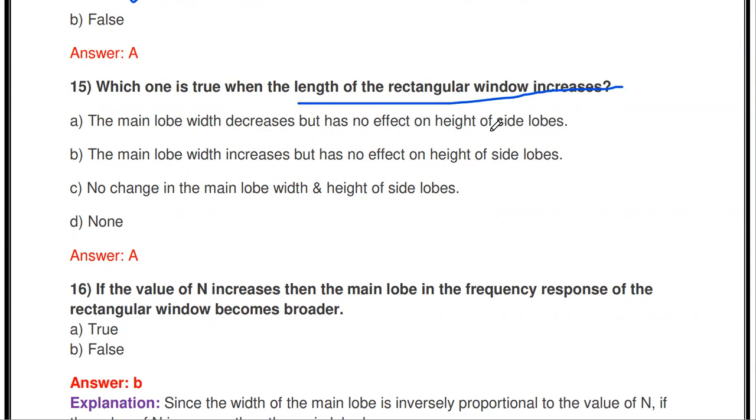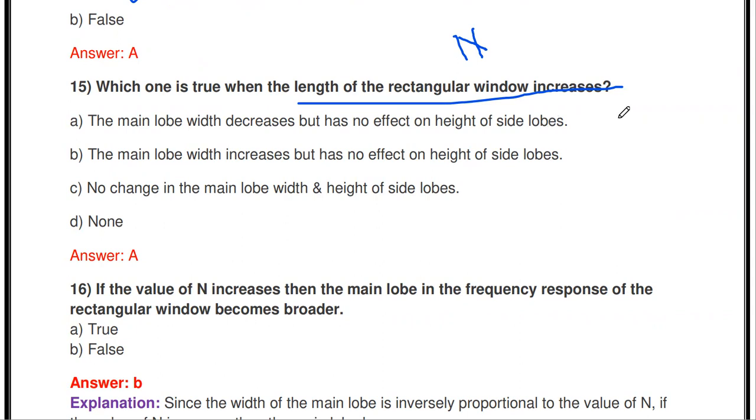If you are increasing the capital N value, which one is true? The main lobe width decreases but has no effect on the height of the side lobe; the main lobe width increases but has no effect on the height of the side lobe; or no change in the main lobe width and height of the side lobe, none.